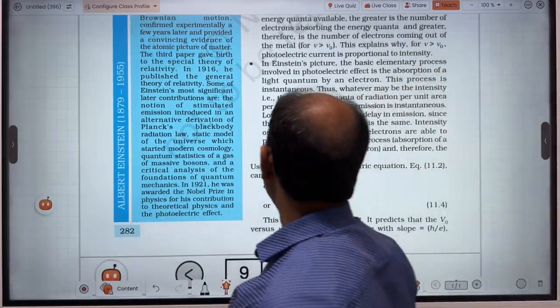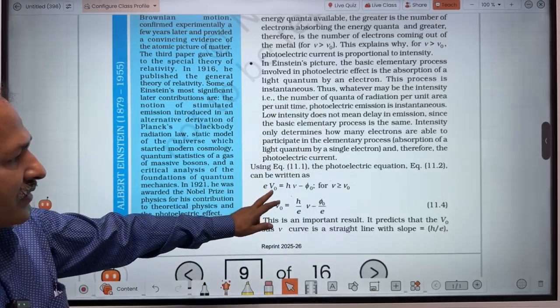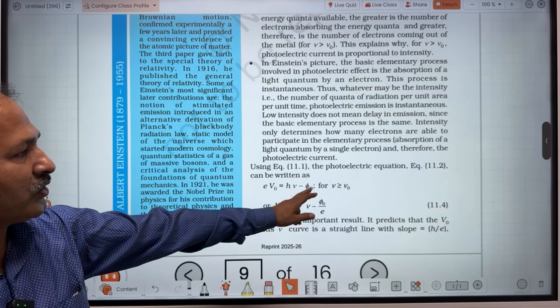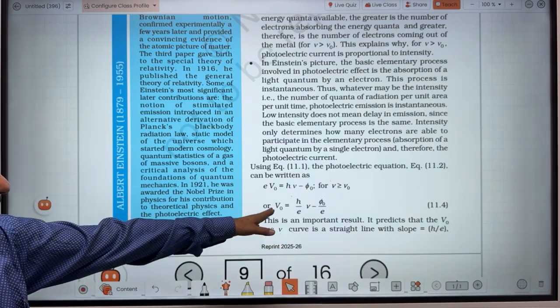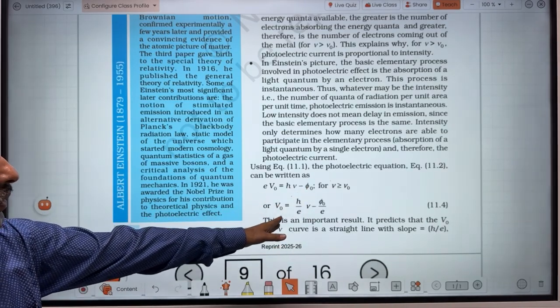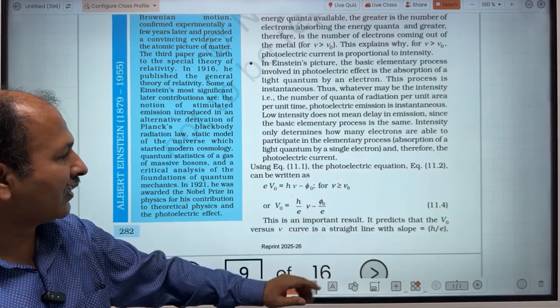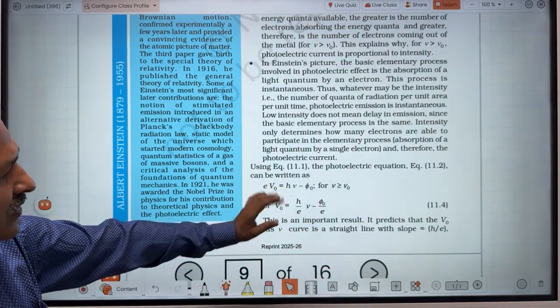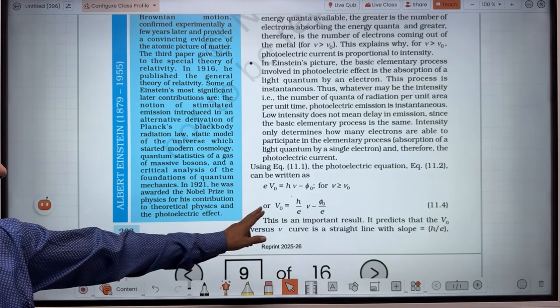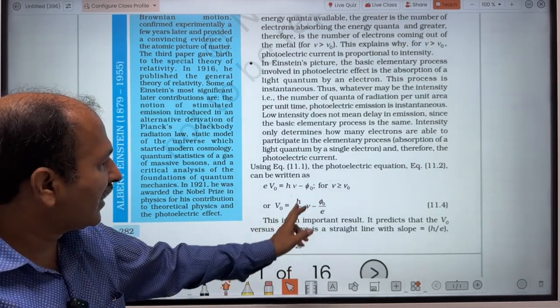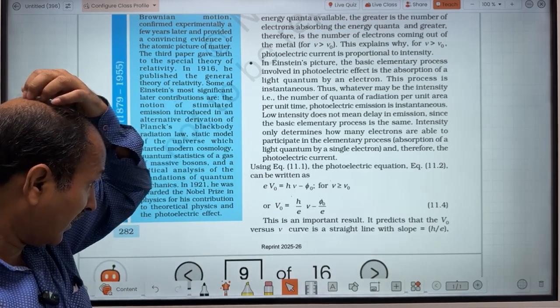The same equation is written here. The kinetic energy, as we have studied, e V0 is h nu minus phi 0, where phi 0 is the work function. From here, we can write V0 as h upon e times nu minus phi 0 upon e. Does this remind you of something? y equals m x plus c. So here m will be h upon e, the slope.